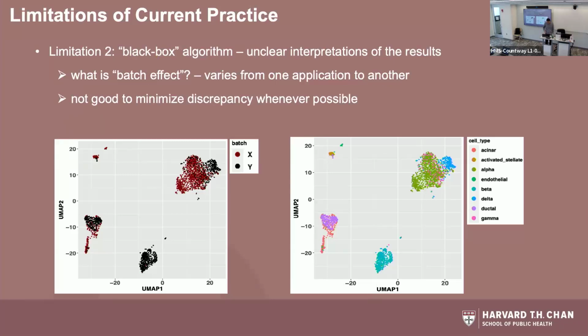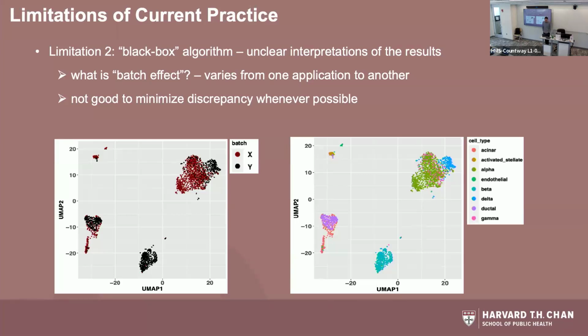Related to that, a second limitation is that many existing methods seem to be black box algorithms, where we just take many data sets to be integrated as the input, and the output is just the integrated data set, where we don't know what process has been applied, except that this is the outcome.